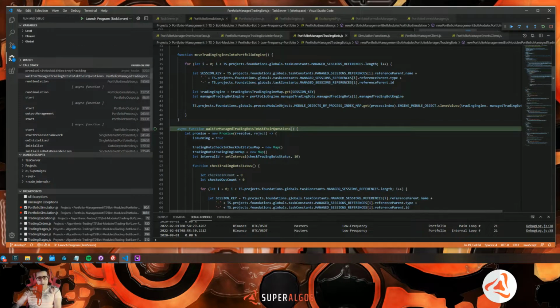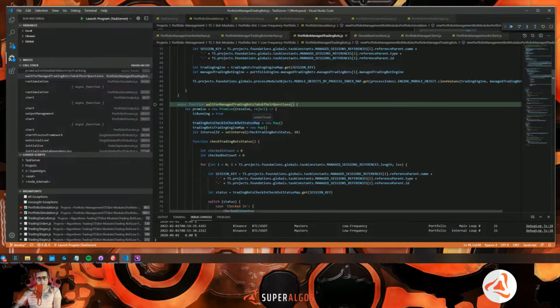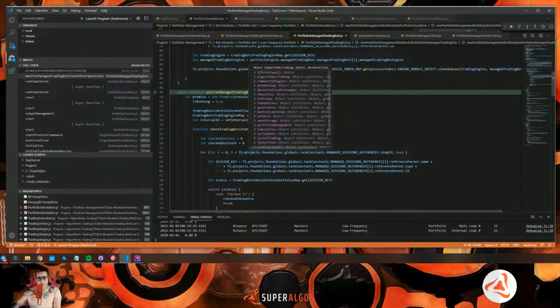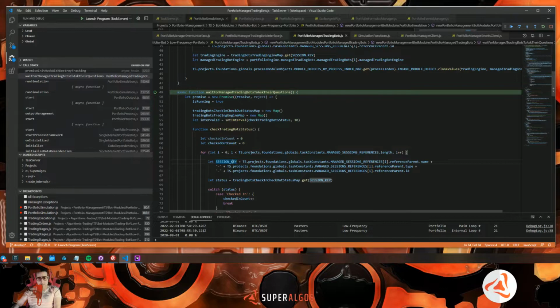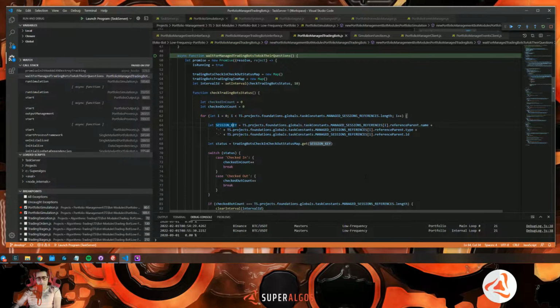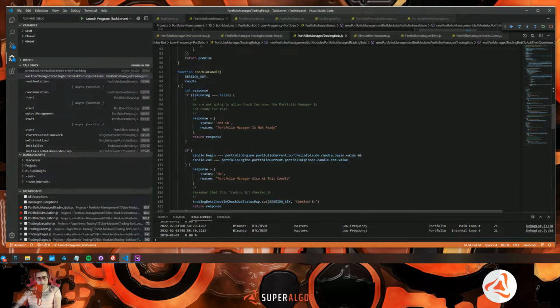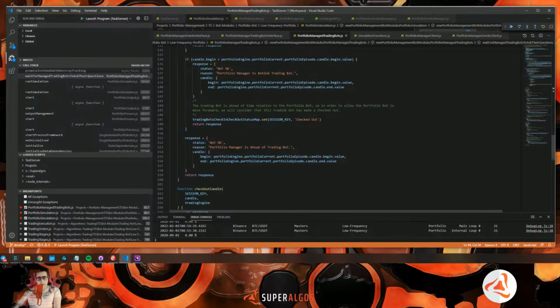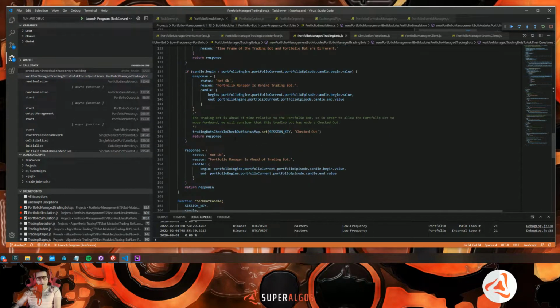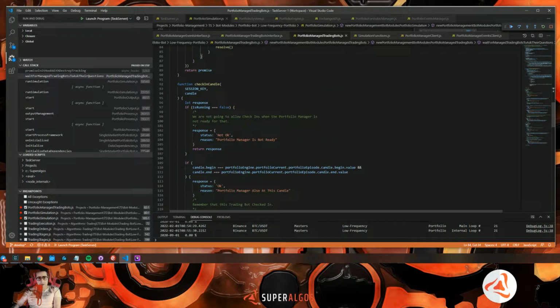So we enter here. I want to know what happens here and when there is a check-in.